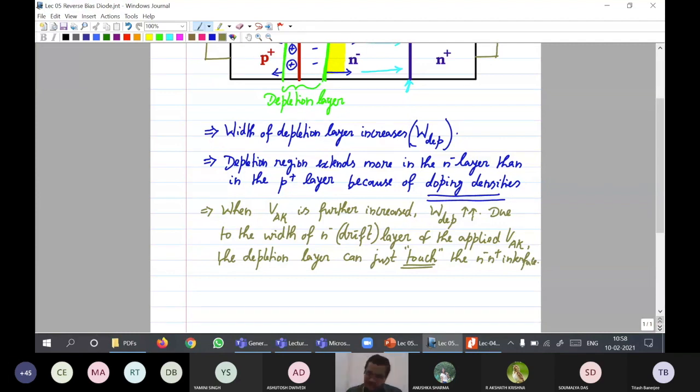It just touches, it doesn't penetrate inside. That can't happen because of the applied reverse bias. So the depletion layer cannot penetrate inside the n plus, rather it can just touch that n minus n plus interface. Then such a diode is called a punch through diode.